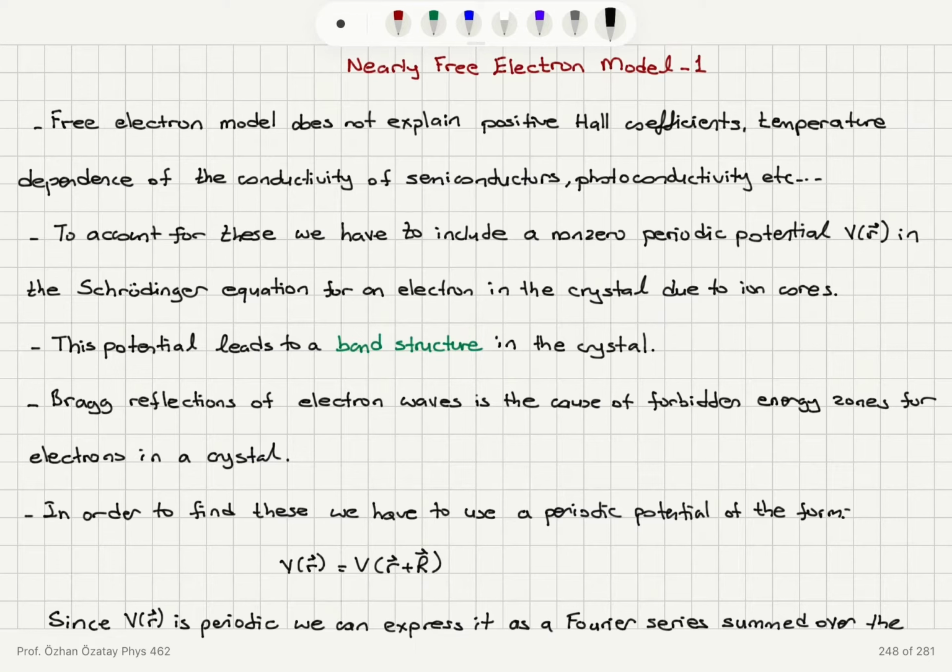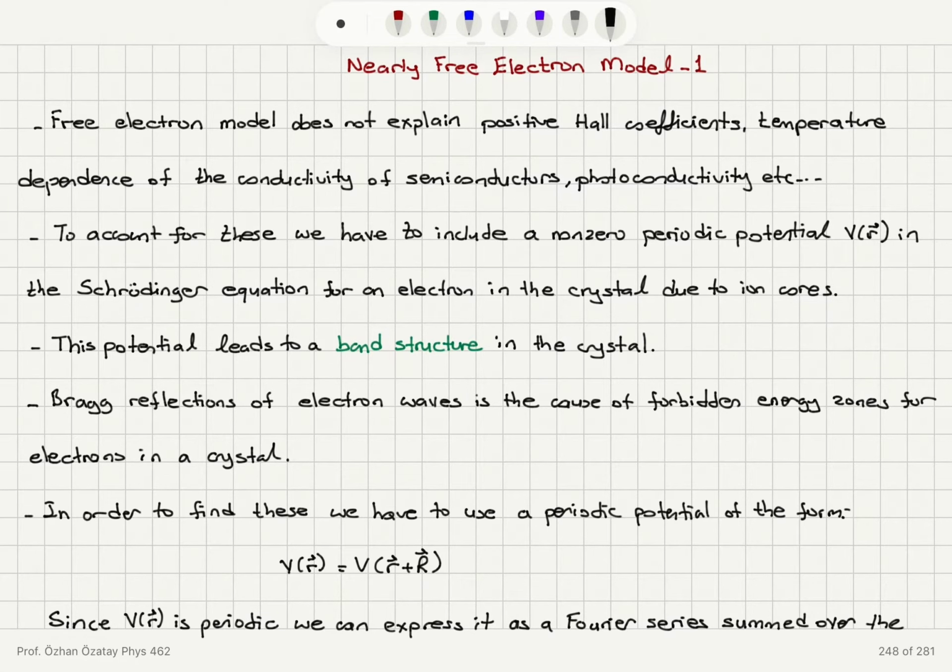in the crystal, which is basically stemming from the presence of these periodic ion cores. Now, we have seen one model, the Kronig-Penney model, that takes into account this periodic potential.